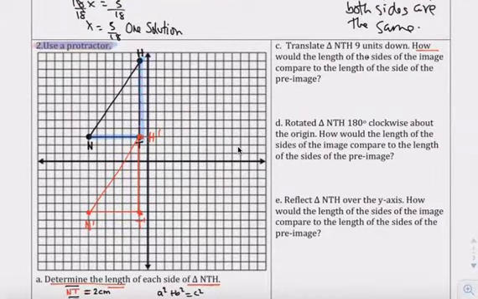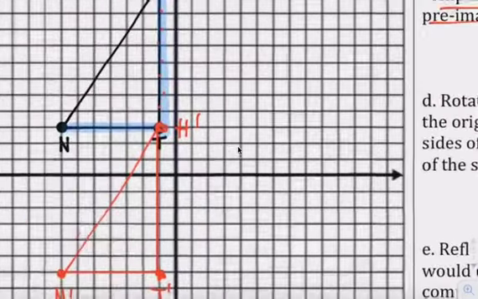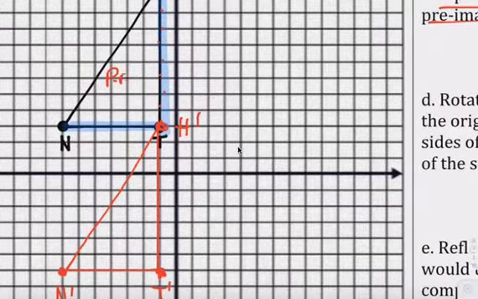How would the length of the sides of the image compare to the length of the side of the pre-image? Now this is called a pre-image, the original one, so make sure you write this down in your notes.